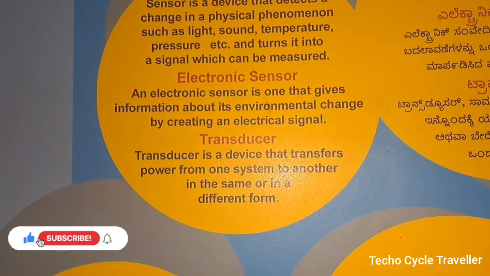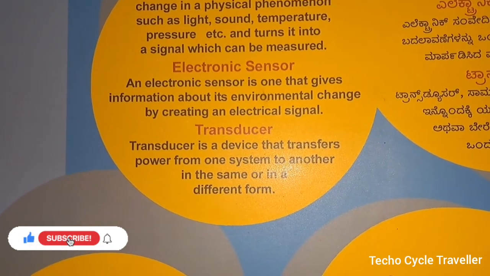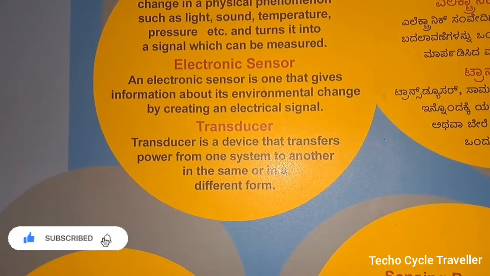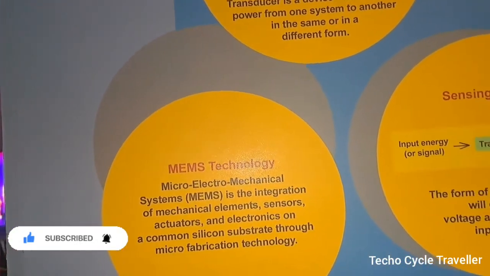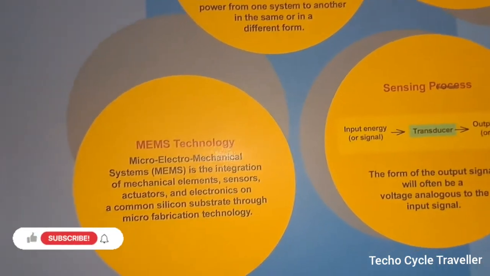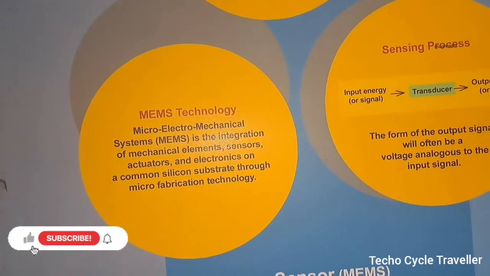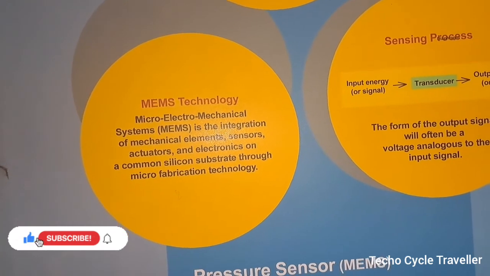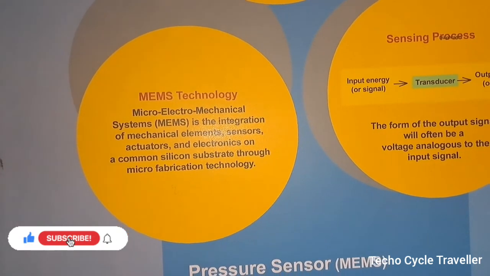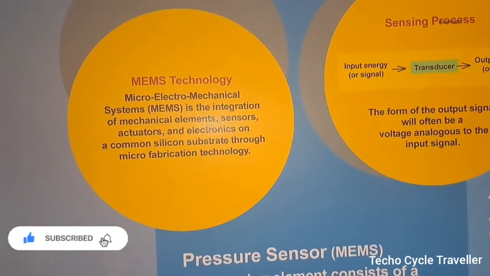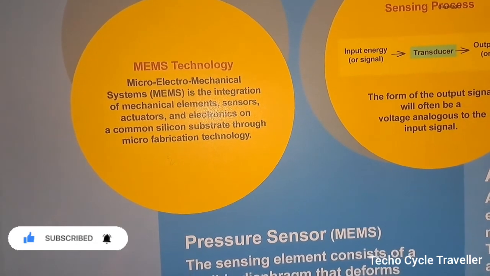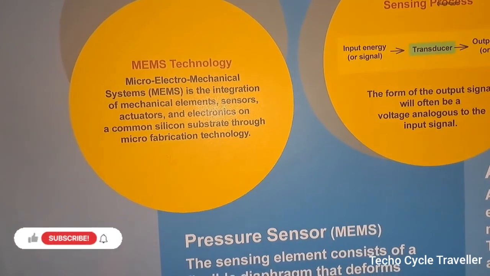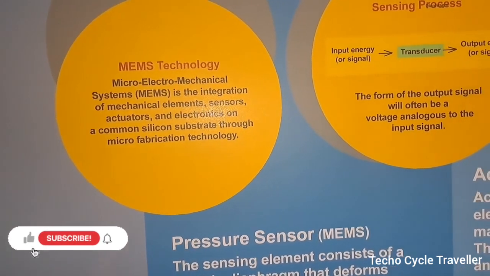A transducer is a device that transfers power from one system to another in the same or a different form. MEMS technology, micro electromechanical systems, is the integration of mechanical elements, sensors, actuators, and electronics on a common silicon substrate through micro fabrication technology.